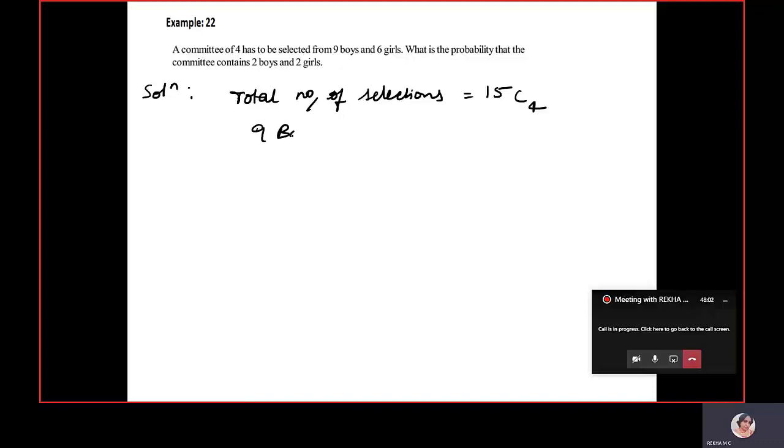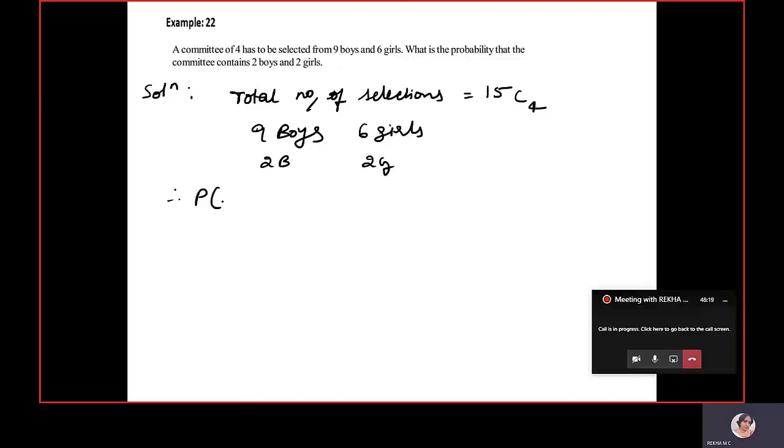So you have 9 boys and 6 girls. So 2 boys to be selected and here 2 girls.